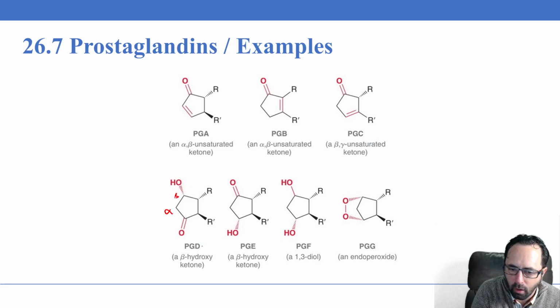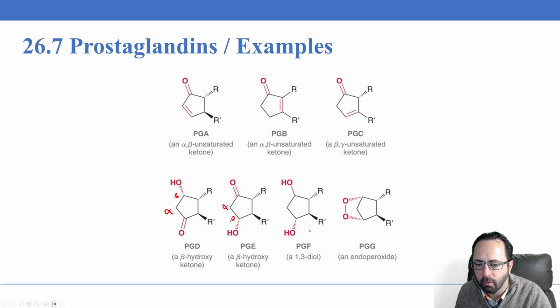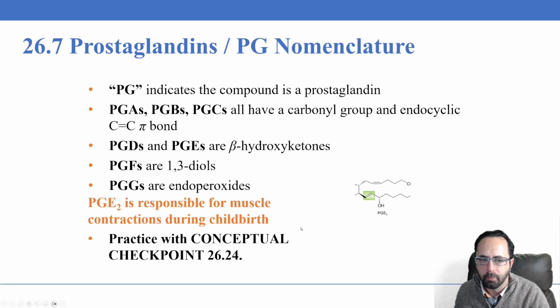We can have another beta hydroxy ketone, with the alpha carbon relative to the carbonyl and then beta, just in different positions relative to the larger groups here. We can have a diol, and we can have an endoperoxide here, meaning a peroxide within the molecule, an oxygen-oxygen bond.